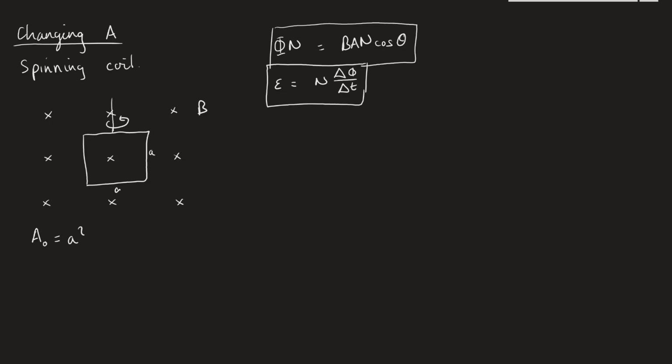Okay, so now I'm going to redefine that graph that we drew before, and this is still going to be A on the y-axis, but now, like I say, I have a rate. I want to know the time variation of how it changes, not the angle. So I'm going to assume that it rotates with a constant frequency or a constant angular velocity, and that means that I can then relate this to time.